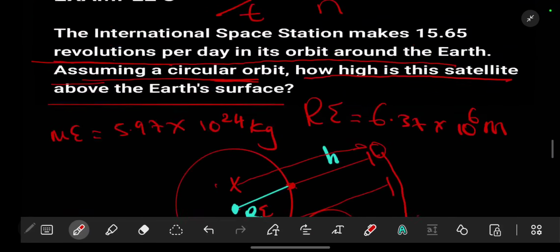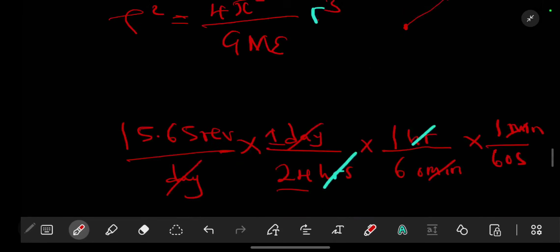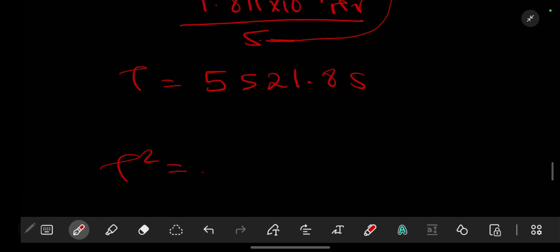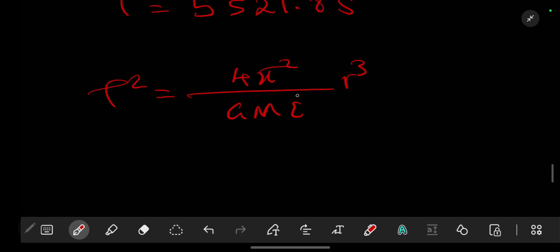So knowing the period, what are we required to find? How high? So we need to find the radius first. So we are going to say the square of the period is equal to 4 pi squared r to the cubed over GM. Before that, let's make r the subject of the formula. So we are going to cross multiply. The one that has r is multiplying 1.